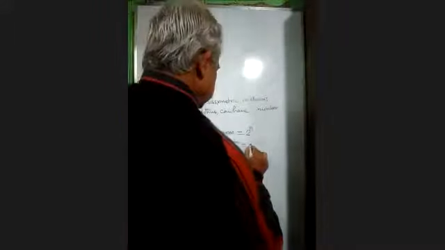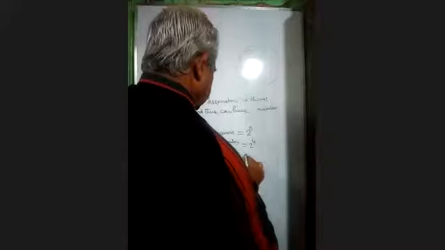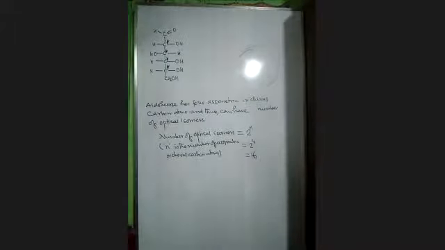How many do we have? 1, 2, 3, 4. So how many will we get? 16. We can write 16 structures with that.